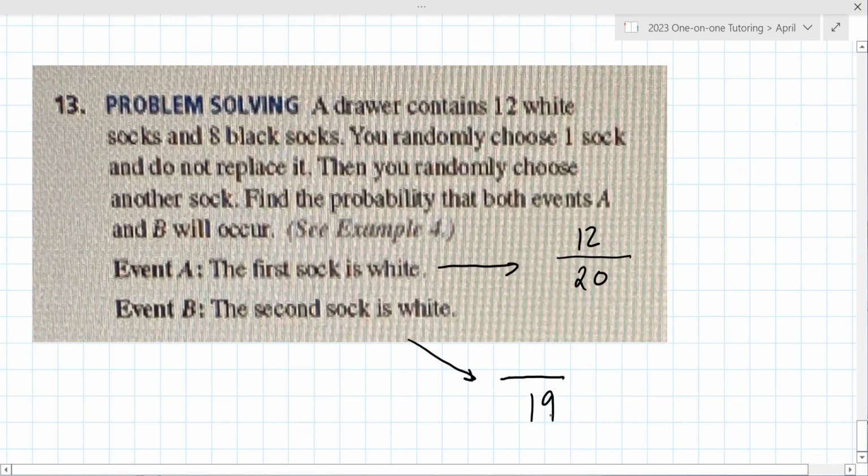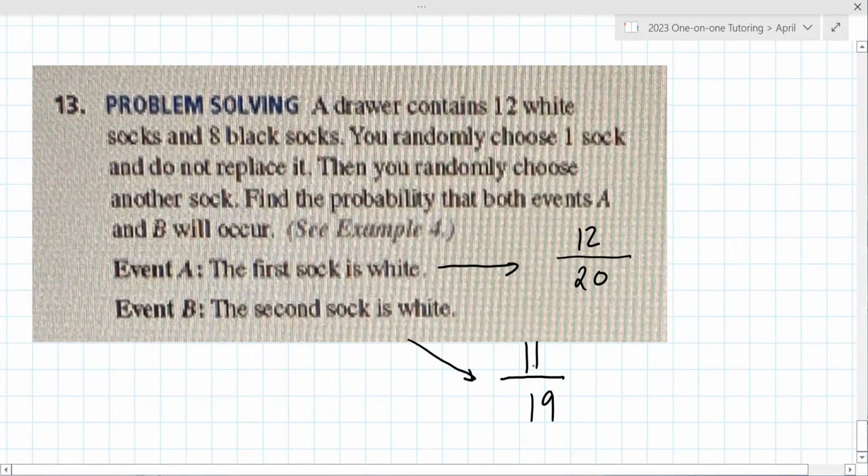That's your total. What do you want this time? You want a white sock again, but you already chose a white sock. Okay. So how many white socks are left over after you choose a white sock? 11.